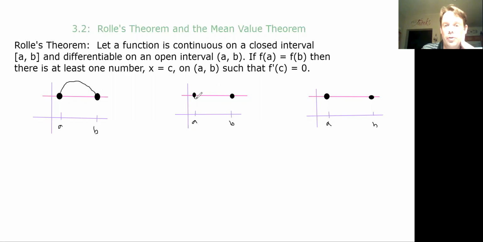Likewise, if I'm going down, and I know that f of A and f of B are the same value, then I know that I got to come up. And there's nothing that says that I may not be doing it more than once, right? I could be doing it more than once.